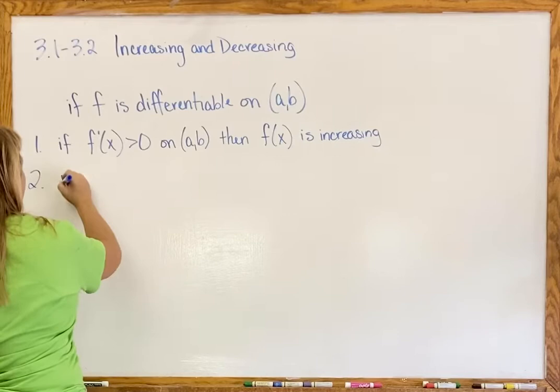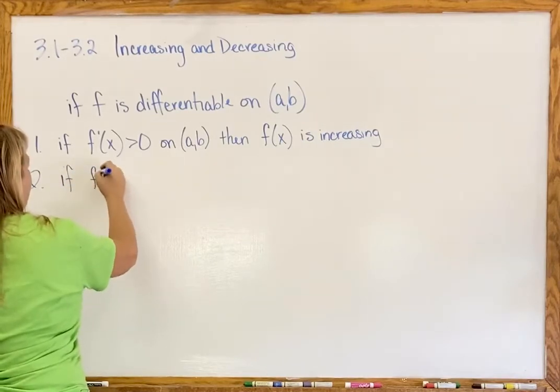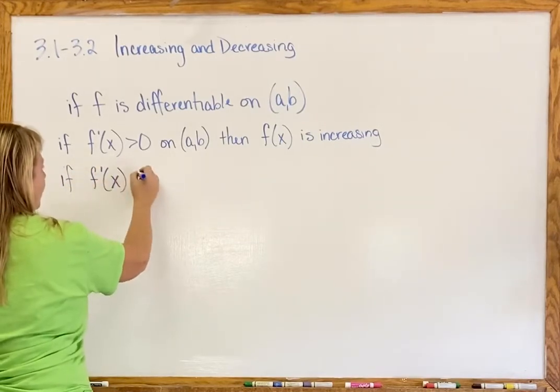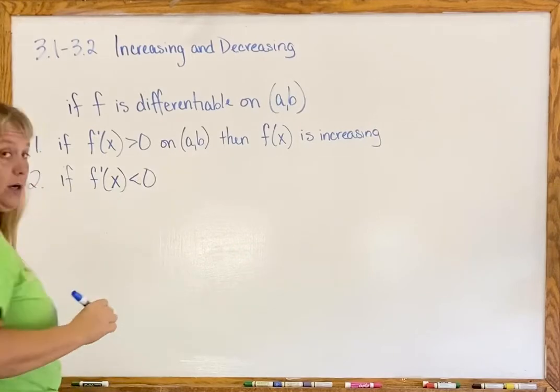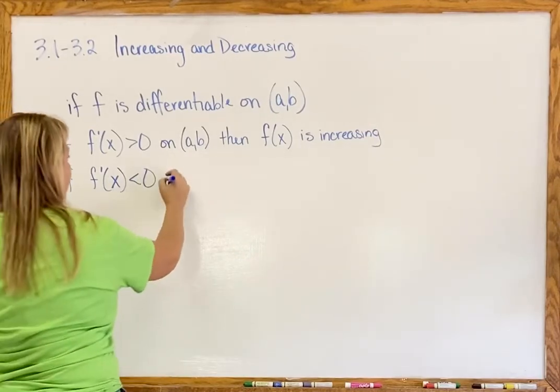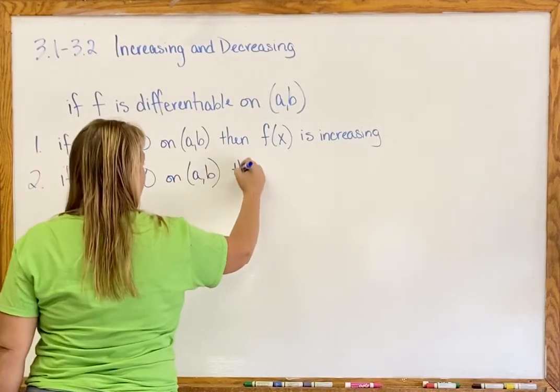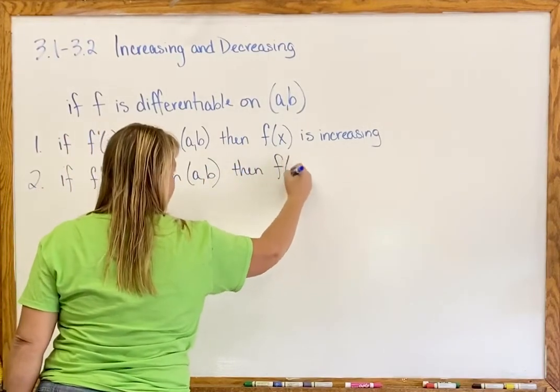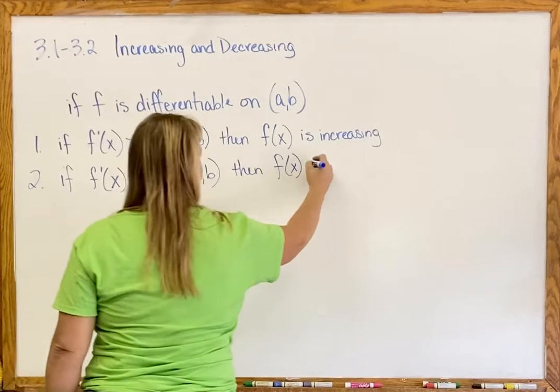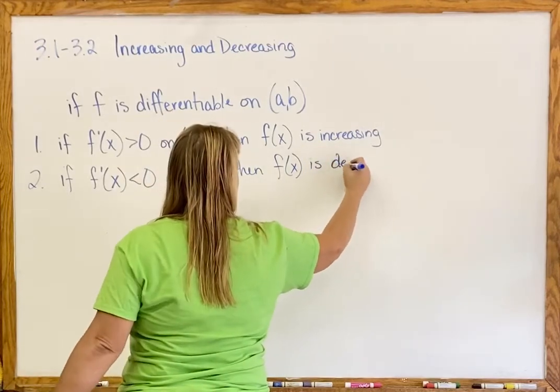Second, if f prime of x, the derivative, is less than 0, so negative on the interval (a, b), then the original function f of x is decreasing.